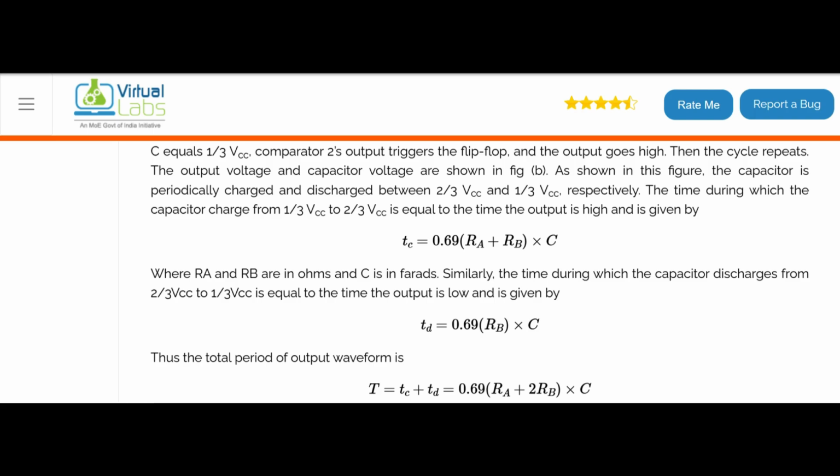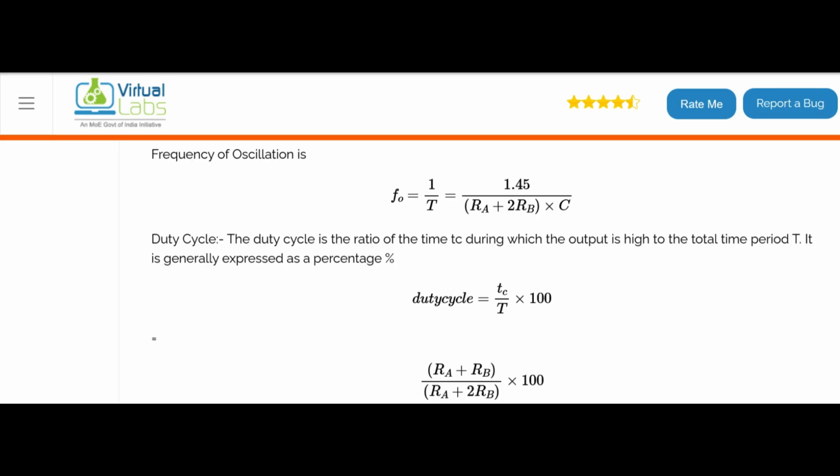Similarly, the time during which the capacitor discharges from 2/3 VCC to 1/3 VCC is equal to the time the output is low and is given by TD equals 0.69 RB times C. Thus, the total period of output waveform is T equals TC plus TD equals 0.69 (RA plus 2RB) times C. Frequency of oscillation, FO equals 1/T equals 1.45 divided by (RA plus 2RB) times C.